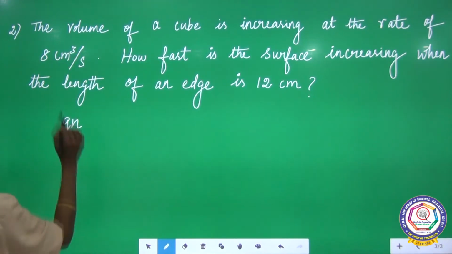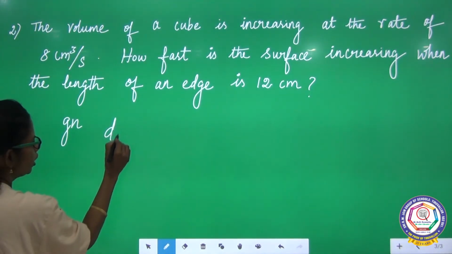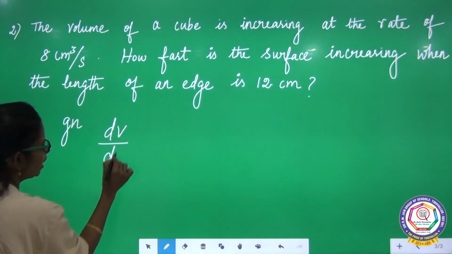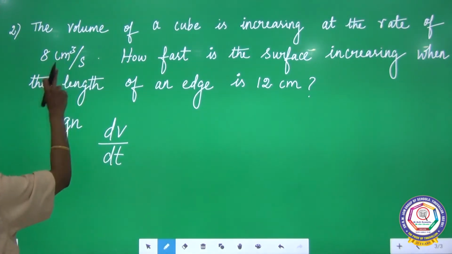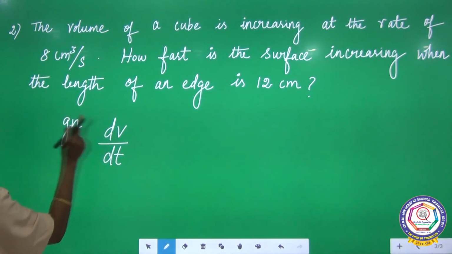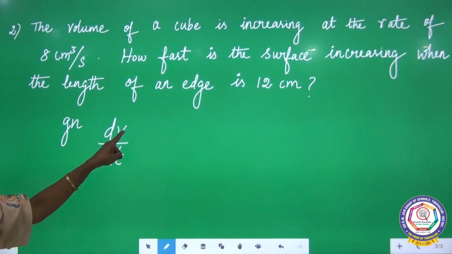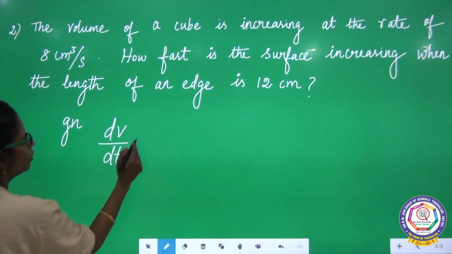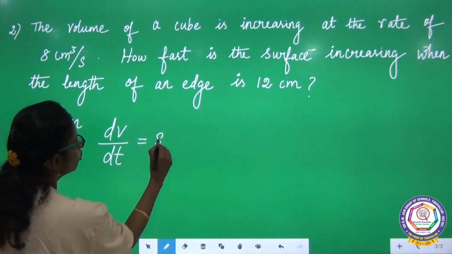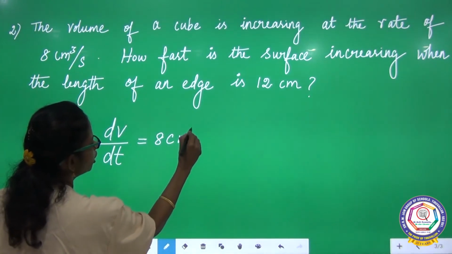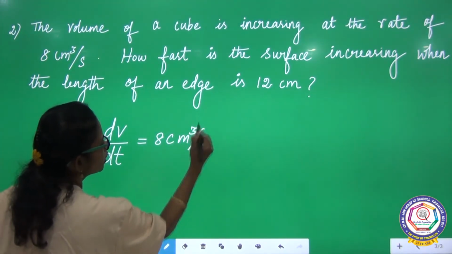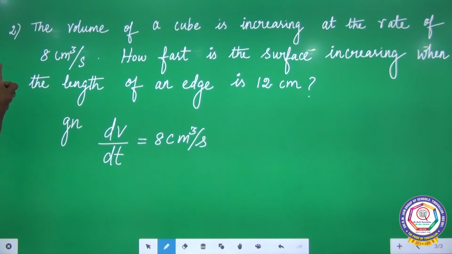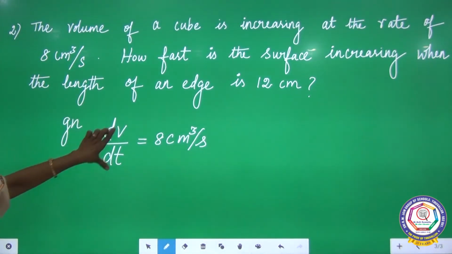So, dV by dt. The cube represents volume, so I wrote V in the numerator. Second should be represented by t. dV by dt equal to 8 centimeter cube per second, right? The whole statement, you got it in a simple format.